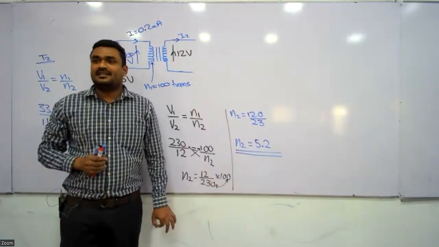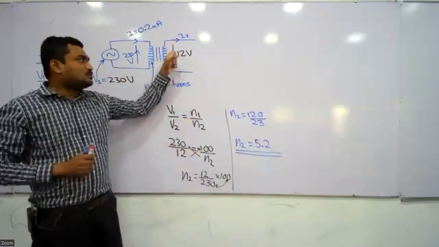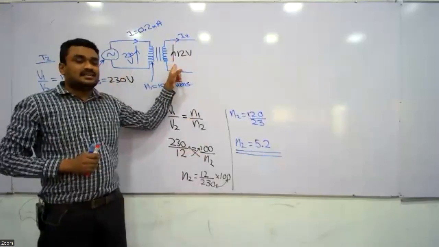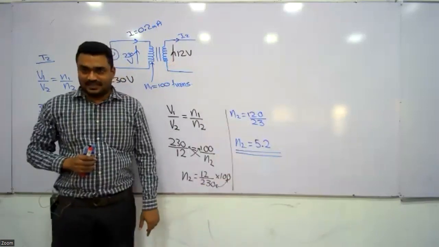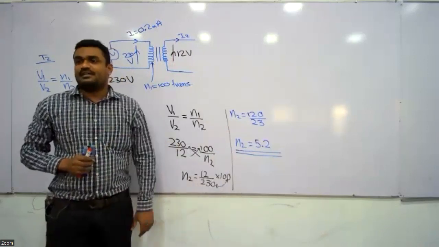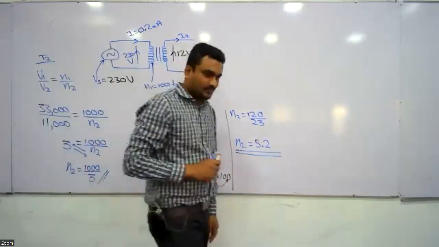Correct. A step down transformer has smaller voltage, hence a smaller number of turns, in the secondary coil. Got it? Completed.